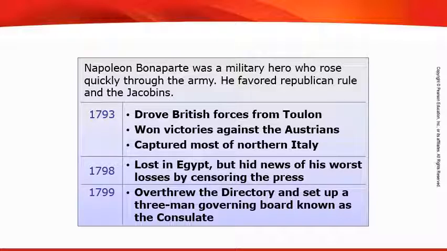Now you remember that the directory was 5 people and the consulate became 3 members. Just imagine that the Committee of Public Safety was 13 members, the directory was 5 members, and the consulate was now 3 members. And in the consulate, Napoleon was the most influential person holding the dominant position.